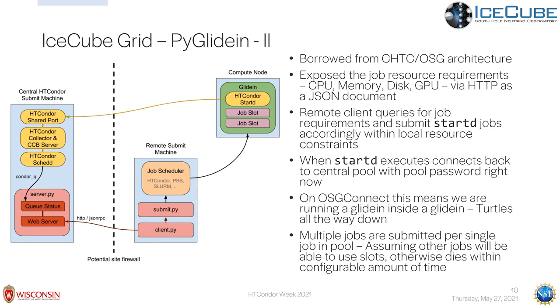What is borrowed here is that we took the GlideinWMS idea and simplified it down to the bare bones, simplifying the system so that even an inexperienced user could really deploy this.